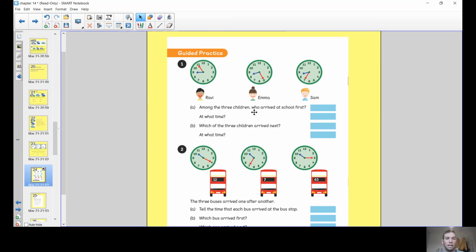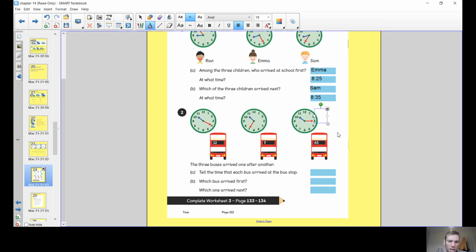I can see that Emma arrived first at school, so I could write Emma in here. And she arrived at 8:25. Which of the children arrived next? So I'm not looking for the latest time, I'm looking for the next time. I think that is Sam, who arrived at 8:35.